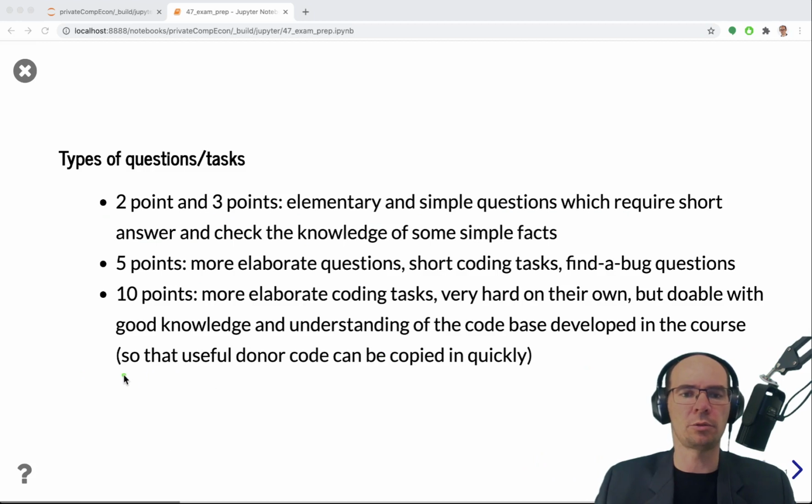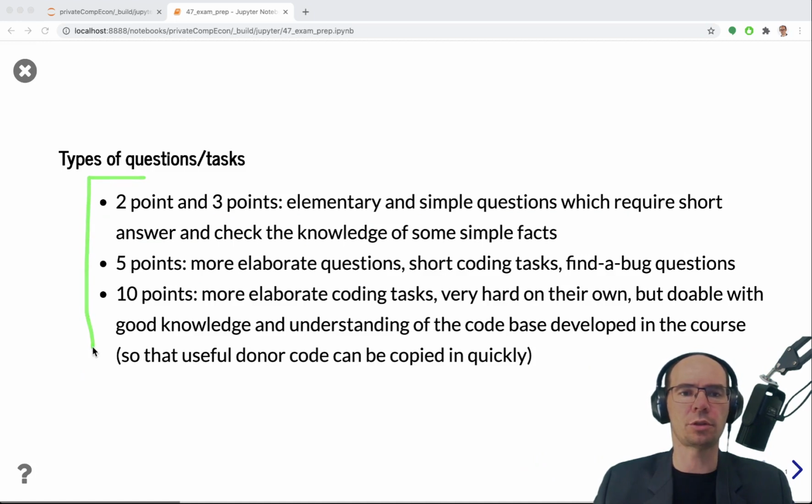And essentially, you can find appropriate donor code fast enough to be able to copy it over into your exam and modify the code there to perform the task. But this, of course, requires knowledge and understanding of all the code written in the course, which is why this is going to be very hard if you are not well prepared.